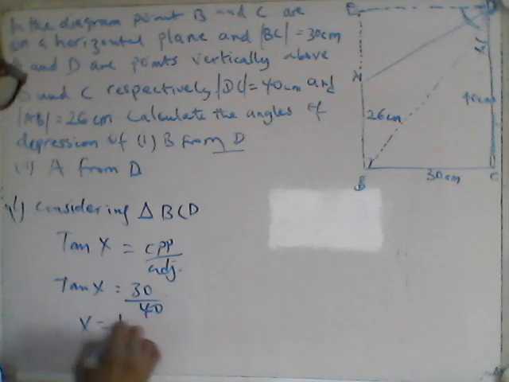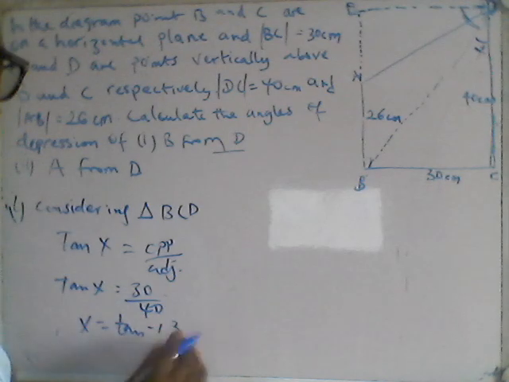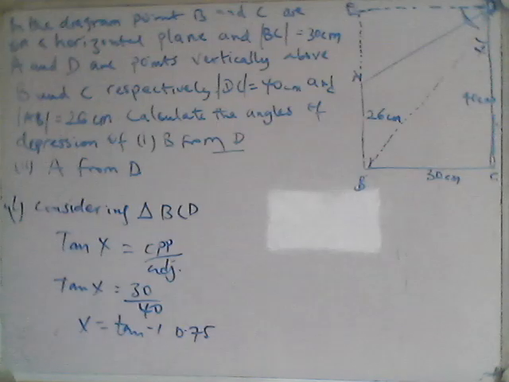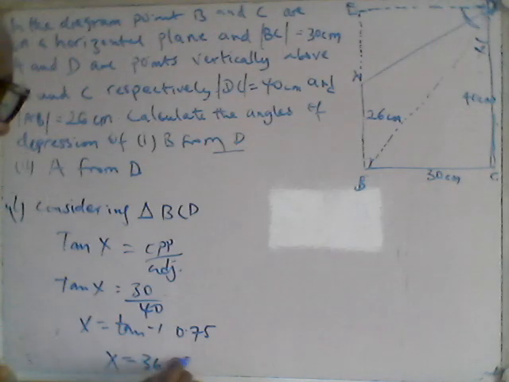So X is equal to tan inverse of 3 over 4 or 0.75. That's the tan inverse of 0.75. That will give me 36.87. So X is equal to 36.87 degrees. This is what we have as X.